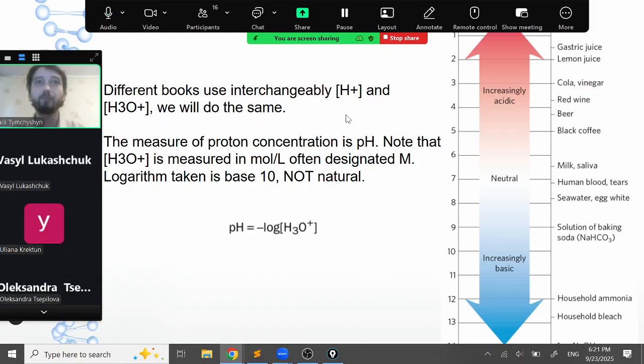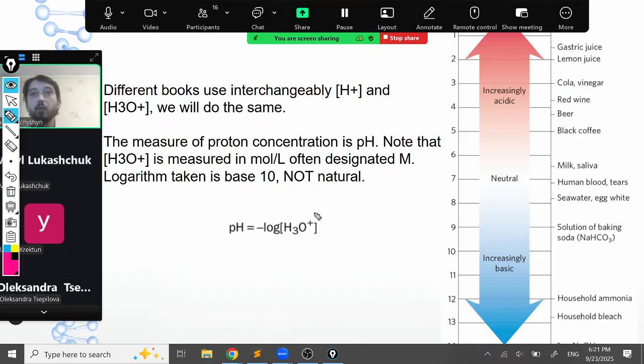So okay. Since we are concerned about the concentration of the protons, we should measure that. But it turns out that this concentration may change wildly. So there's a really large variance of what we can have. So we switch to the so-called logarithmic scale.